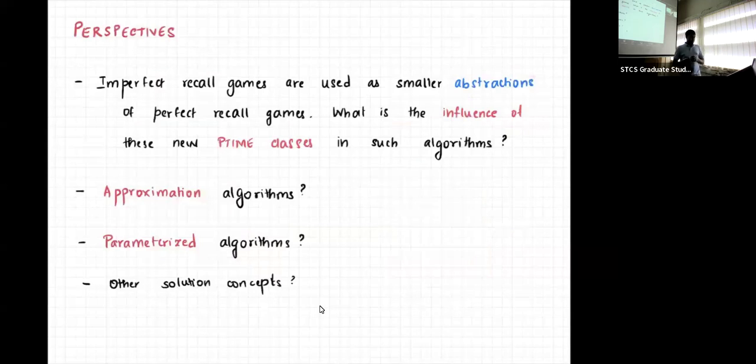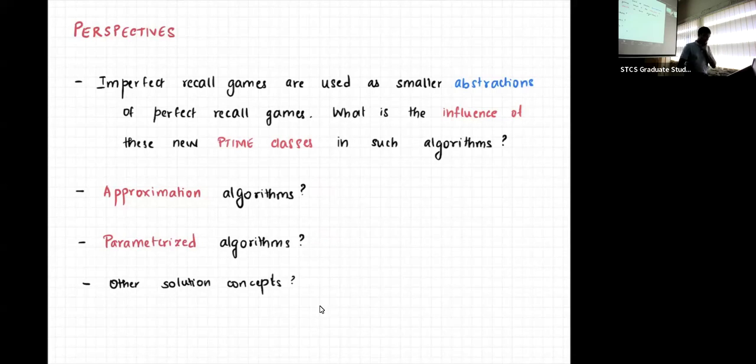And what next? These imperfect recall games are used as abstractions of perfect recall games in many algorithms, with significant reductions. So we are wondering how these new kinds of polynomial time fragments influence the algorithms. Then there are approximation algorithms: suppose I'm happy with an approximate answer for the maximum strategy.